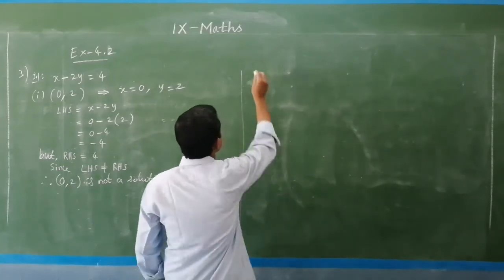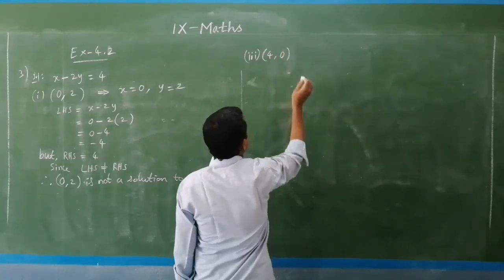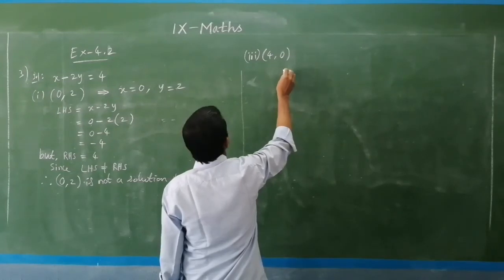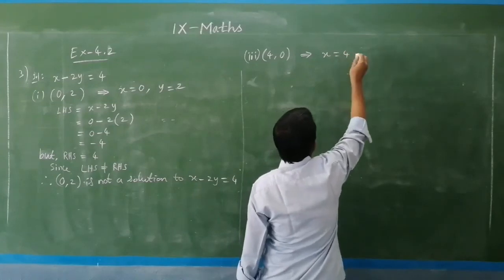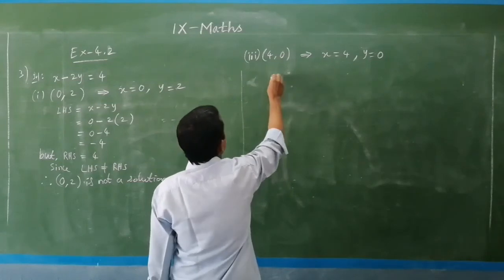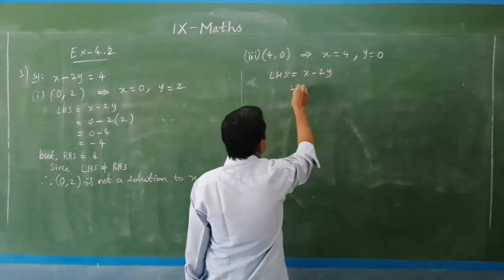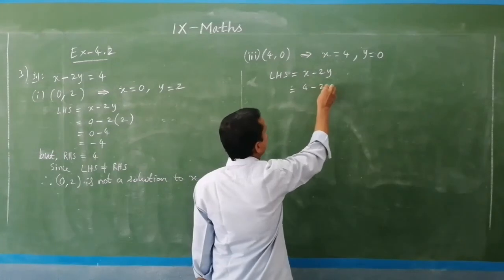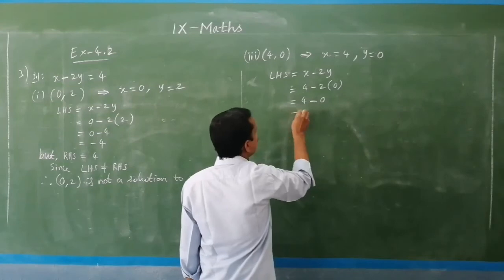We can take option 3, which is given 4, 0. So, the equation x minus 2y equal to 4. Here you can take x equal to 4, y equal to 0, and for LHS you take x minus 2y, and you substitute the value of x and y in this equation, and you see what happens. x is 4 and y is 0, which is nothing but 4 minus 0, that is 4.